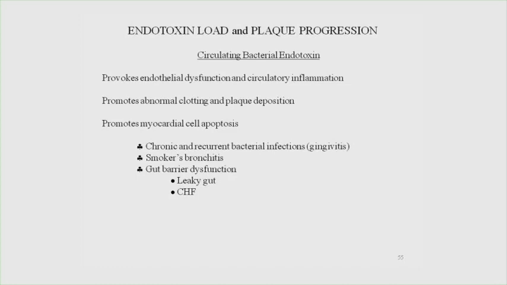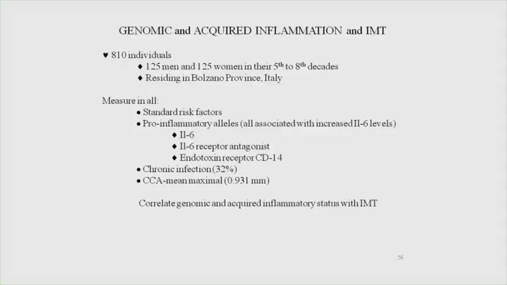Chronic recurrent bacterial infections. Number one is gingivitis, then smoker's bronchitis, and gut barrier dysfunction, leaky gut from inflammation. In heart failure, we'll talk about this later, the edema in the gut allows bacteria to leave the gut and enter the circulation.